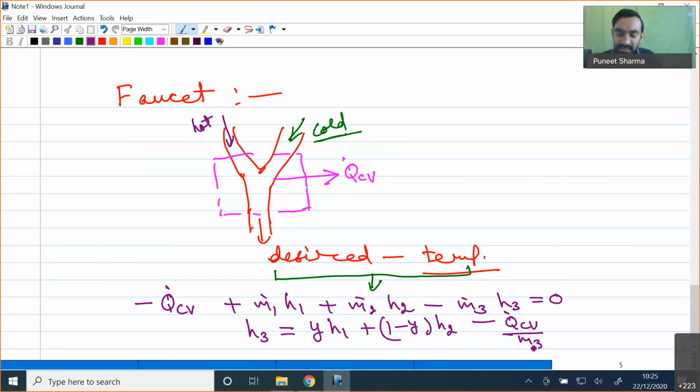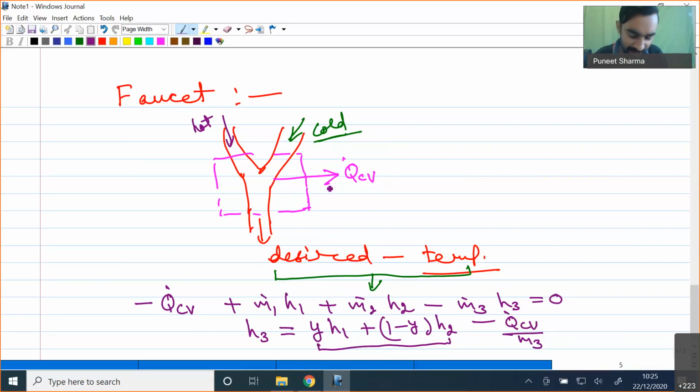Okay, so in this case, what will be happening? Whatever enthalpy I could have got based on the weighted mass average, the final enthalpy will be decreasing by the amount Q dot CV divided by m dot 3. This is one typical representation when we have heat loss.